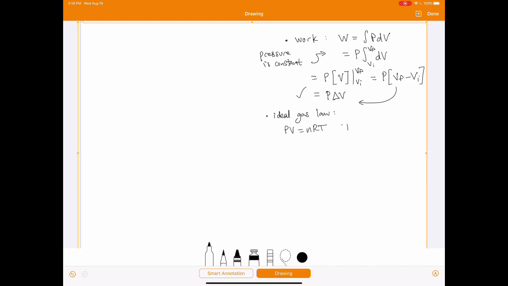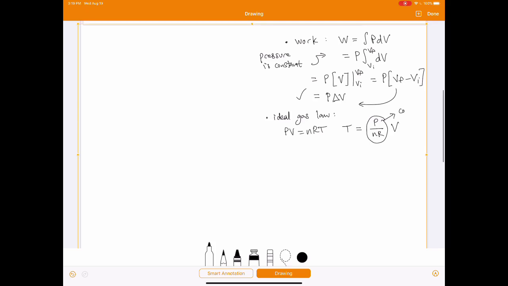If we solve for the temperature, just like we did before, we can write it as P divided by nR times V. Now, if I circle this part of the expression, P divided by nR, well, pressure is constant, n is constant, and R is also constant, so that's just one big constant.